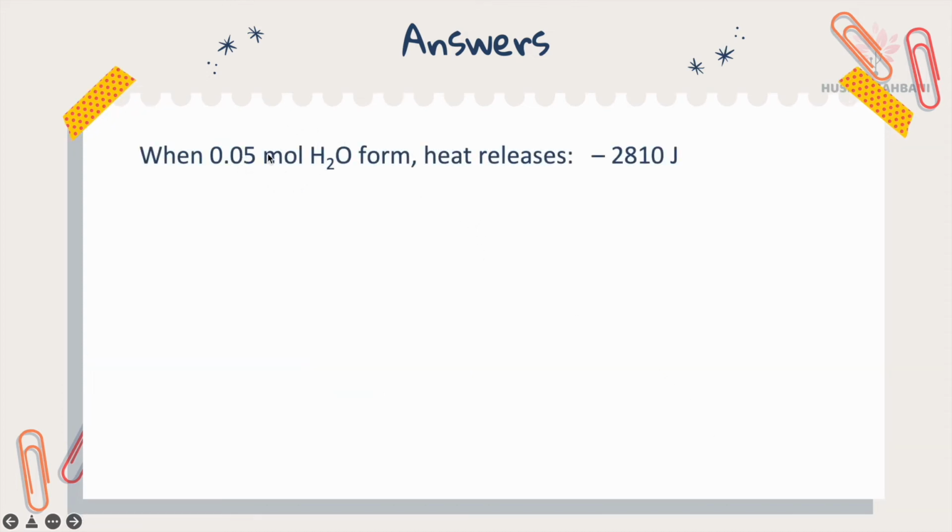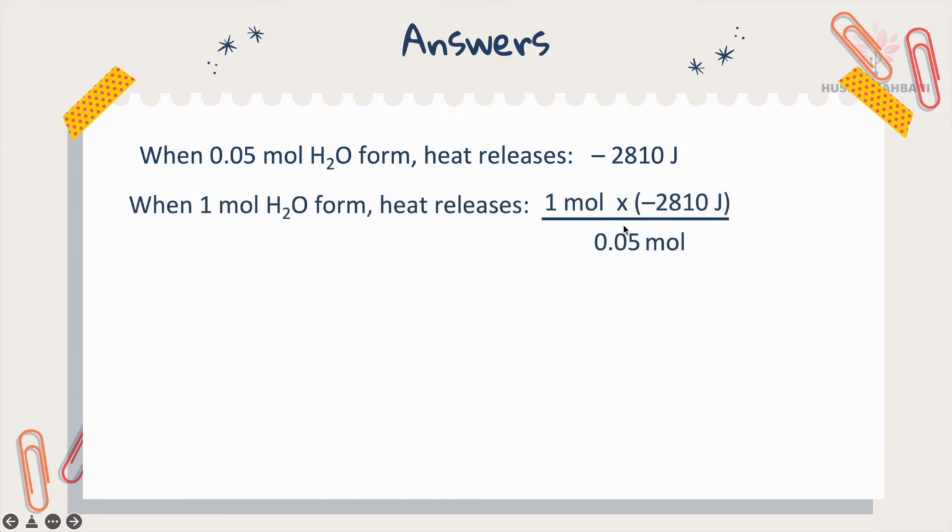When 0.05 mole water, heat release negative 2810 joule. If 1 mole of water, the heat release is, cross multiply, you will get negative 56200 joule for 1 mole.